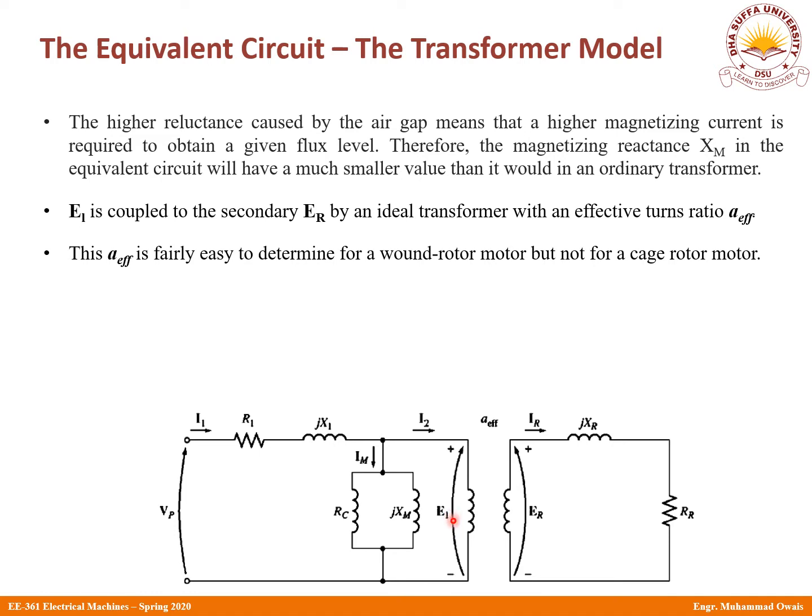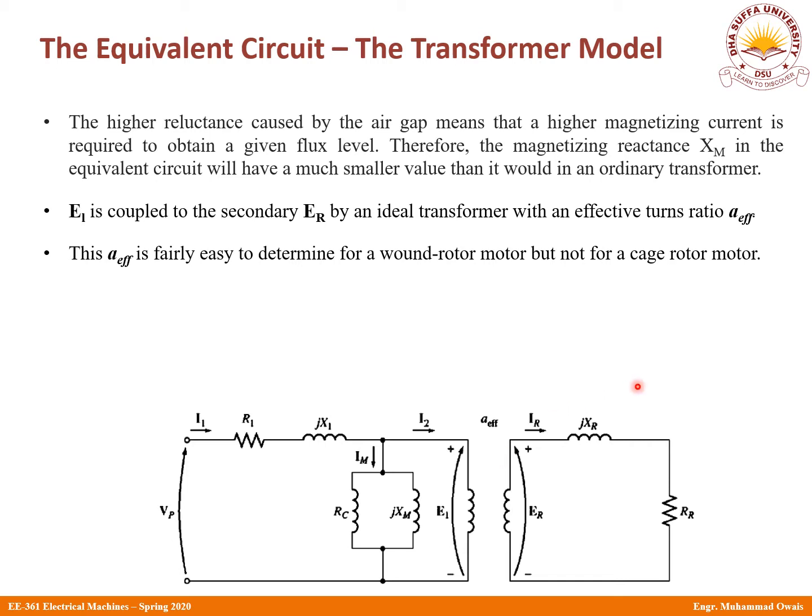This is the stator voltage E1, and this is your voltage at the rotor side, and they are linked with each other. They are magnetically coupled via this coefficient A effective. And this A effective can be calculated comparatively easily for a wound rotor, but if you go for a cage rotor, then it is pretty difficult to find out this A effective. But don't worry, we are not going to find out this A effective.